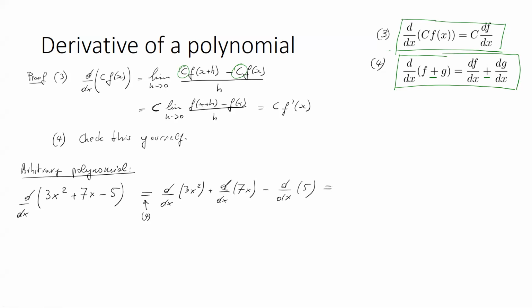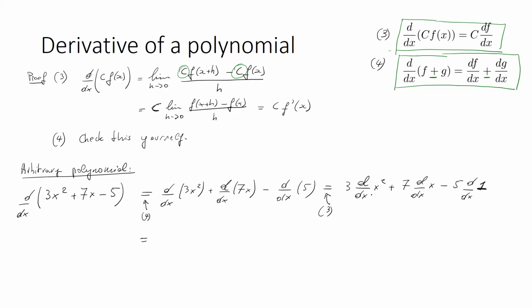And now what we can do is take the constant out of each term. So this is by rule number 3: 3 times d/dx of x squared plus 7 times d/dx of x minus 5 times d/dx of 1. I'm making it ridiculously overcomplicated, but just to be consistent here.